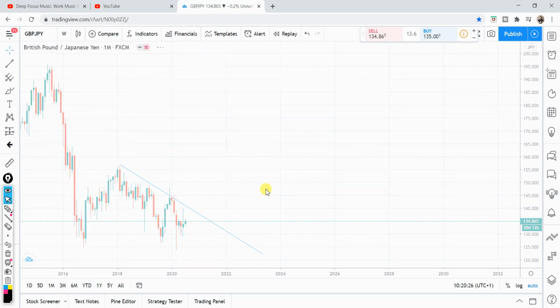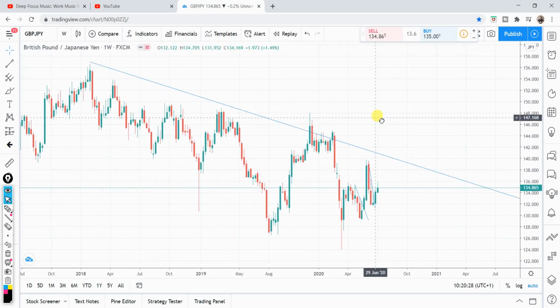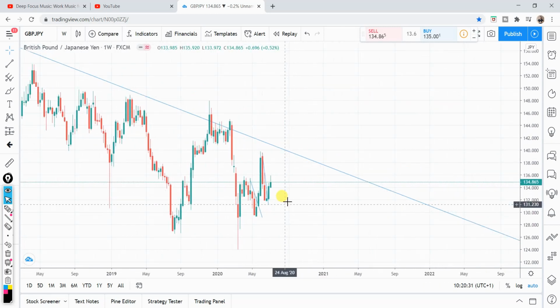Weekly time frame. Let's go to the weekly time frame. In terms of the weekly time frame again, we had this nice upside. We can see that about a month back, the price came up, but then it gave back all these gains, where the price went all the way up here, but it came all the way down to this level. So it tested this low, very ugly low, but still sort of a low.